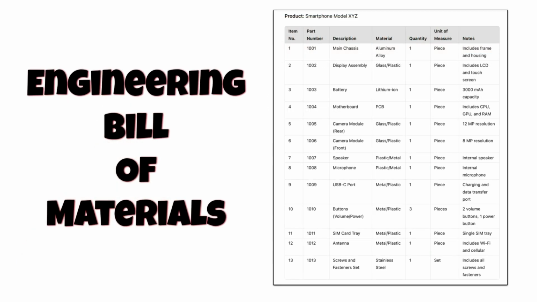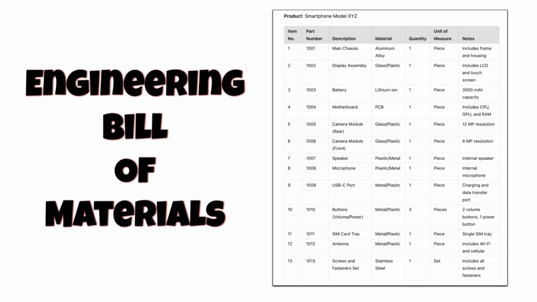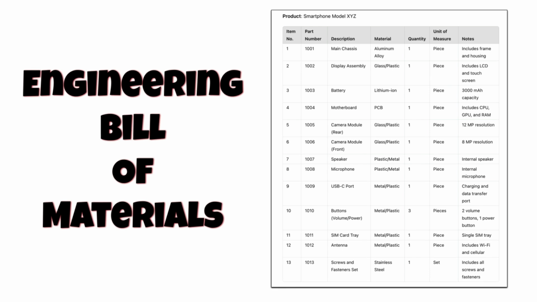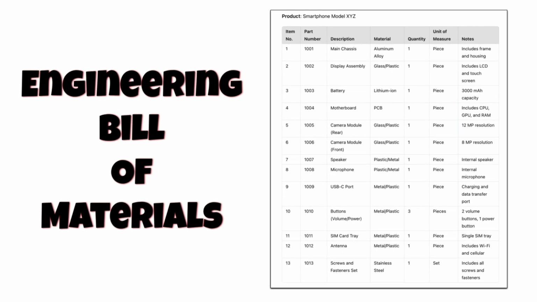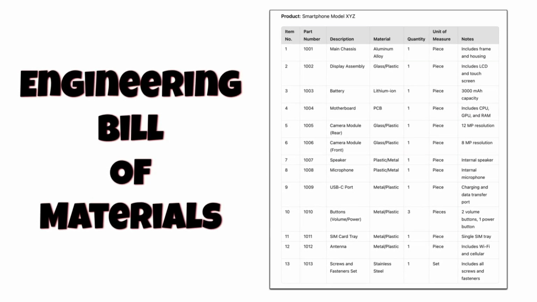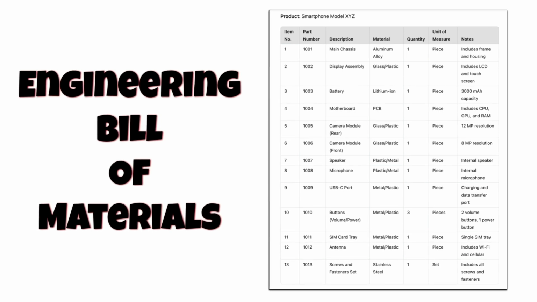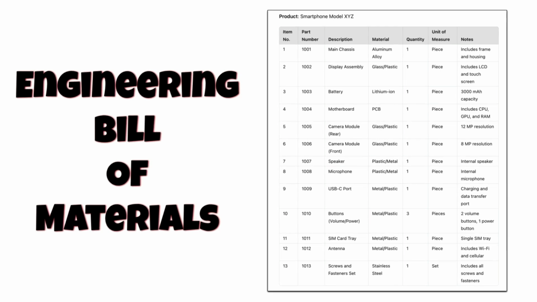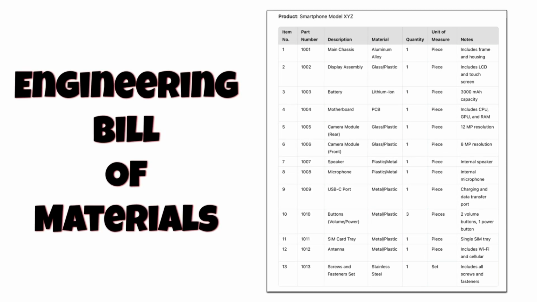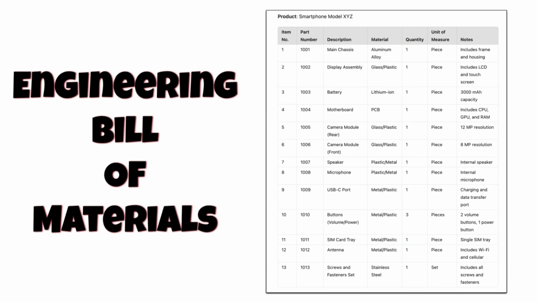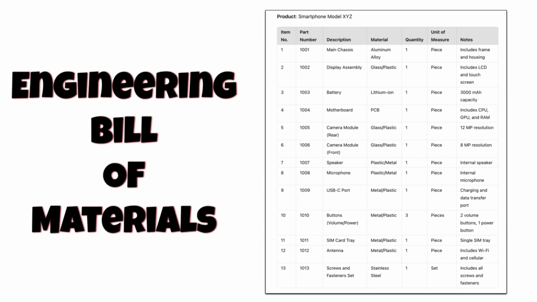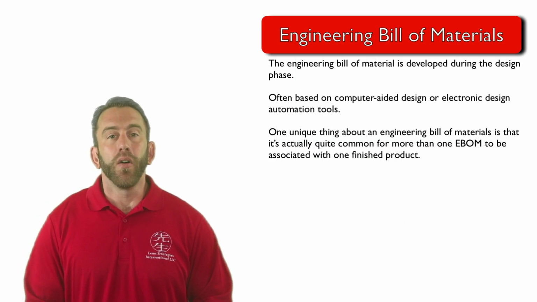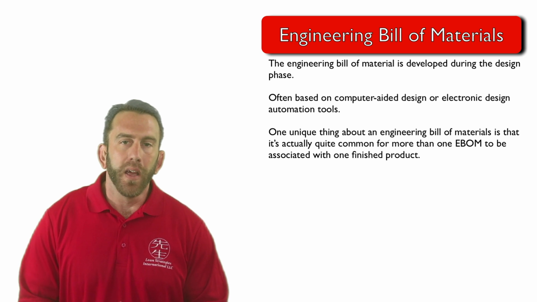These include the part number, the part name, and the description, the quantity of each component, the unit of measure, the reference designator, which identifies where the component is used in the assembly, the material and material specifications, which detail the material used and its specifications, suppliers and supplier part numbers, which generally provide information about suppliers and their part numbers.